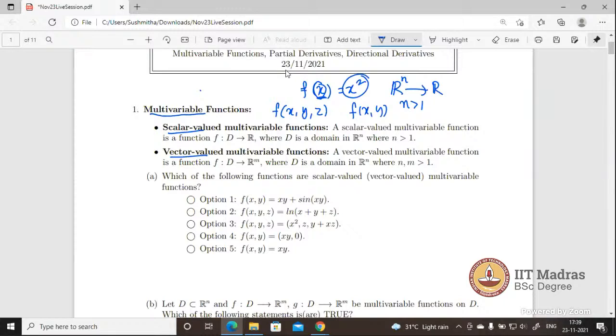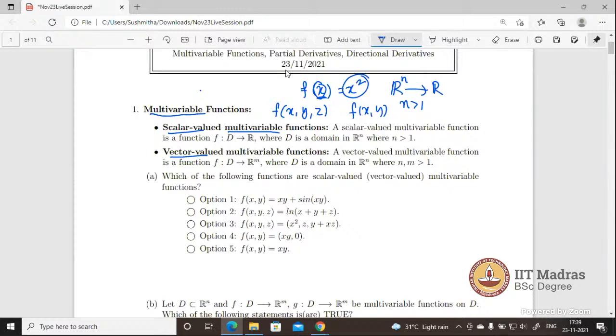So when the output is a real number, that is when the codomain is just R, the function is said to be scalar valued. The multivariable part is based on what the domain is, and scalar valued or vector valued is based on what the codomain is. So when it is scalar valued, the output is a real number, which means that the codomain is R.